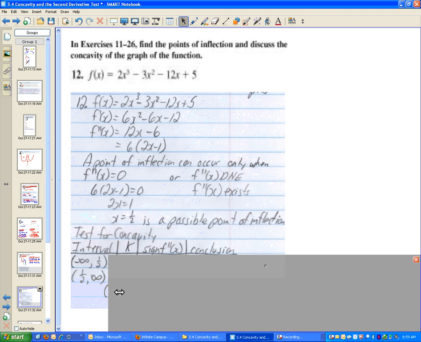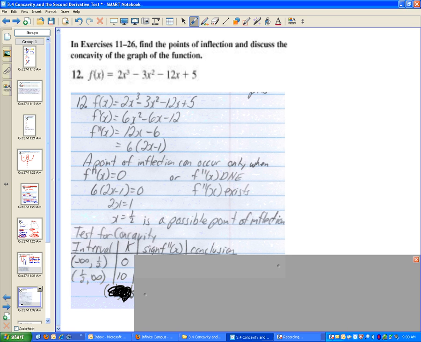Pick a test number in each interval. Whenever I can use 0, I like to use 0. So I'm using 0 and 10.